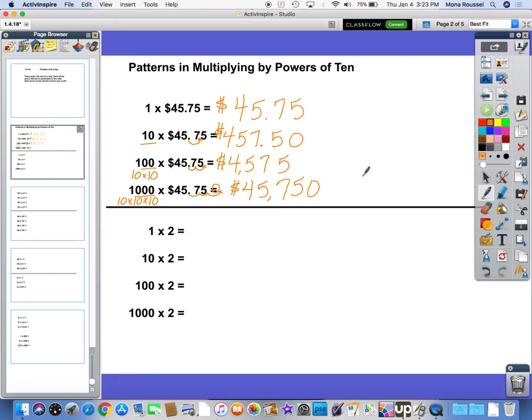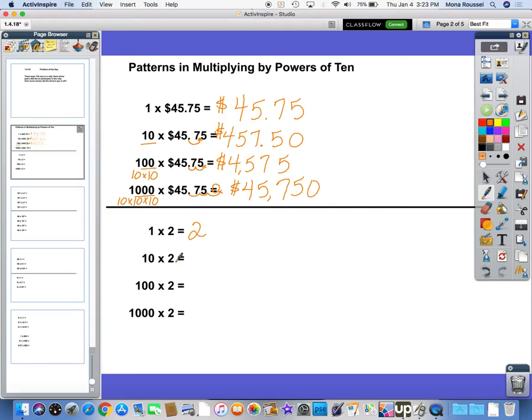When we look at something like this next example with whole numbers, you can answer these without giving thought to where the decimal is. But we're going to go through and think of it in terms of the decimal point and moving that decimal point to get our products. 1 times 2 is 2. 10 times 2, I know you know, is 20, but let's think about it as we did this first example here. 2 is a whole number, so it doesn't have a decimal in its whole number form.